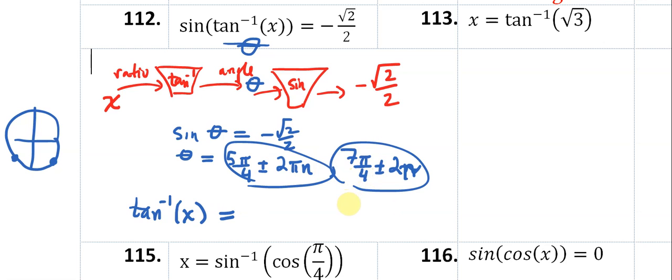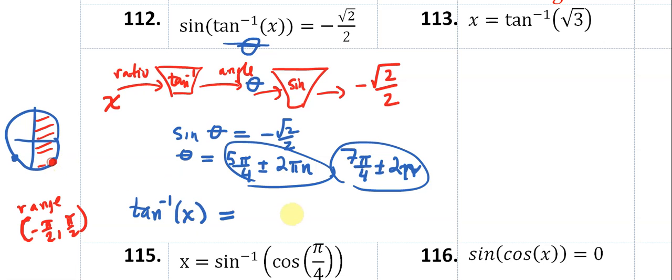Keep in mind that for the tan inverse function, we're only dealing with the right side of the unit circle, and tan inverse has a range of negative pi over 2 to positive pi over 2, exclusive. So there are only so many numbers that we can feed in for x that will produce one of these results.